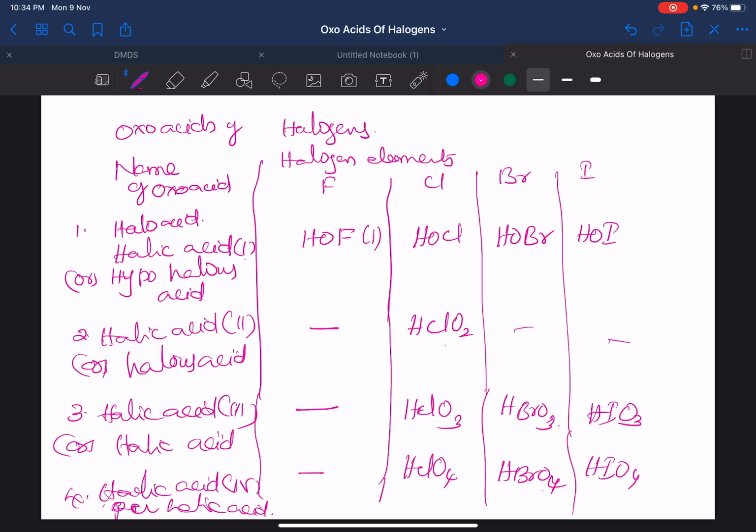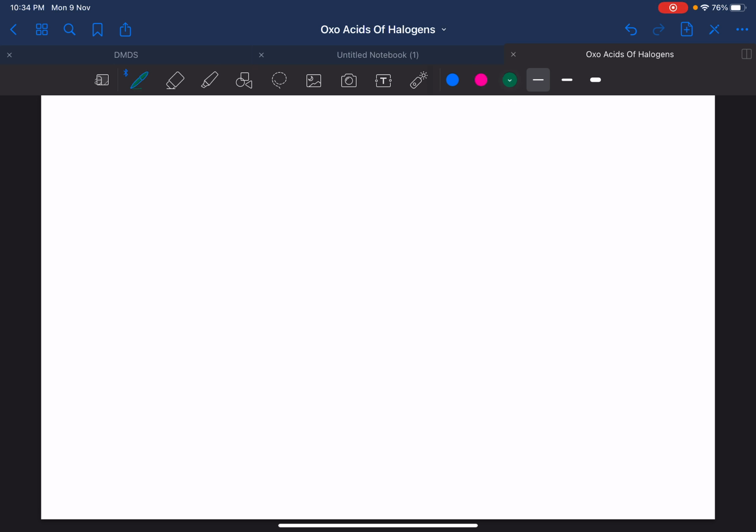And next one, what are the structures of these oxo acids of halogens? What are the main structures? We will discuss the structures of the oxo acids of chlorine, because all the structures will also be in the same manner.